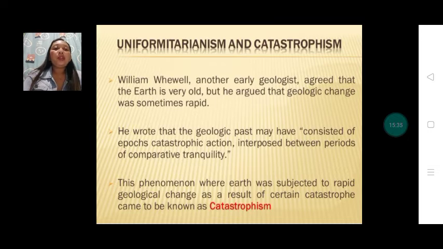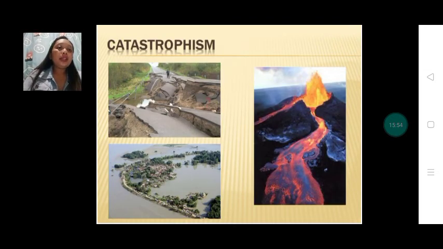This phenomenon where Earth was subjected to rapid geological change as a result of certain catastrophes came to be known as catastrophism. So, that's what it's called. As you can see in the picture shown below, that is catastrophism, which is the volcanic eruption, the flooded area, and the earthquake.